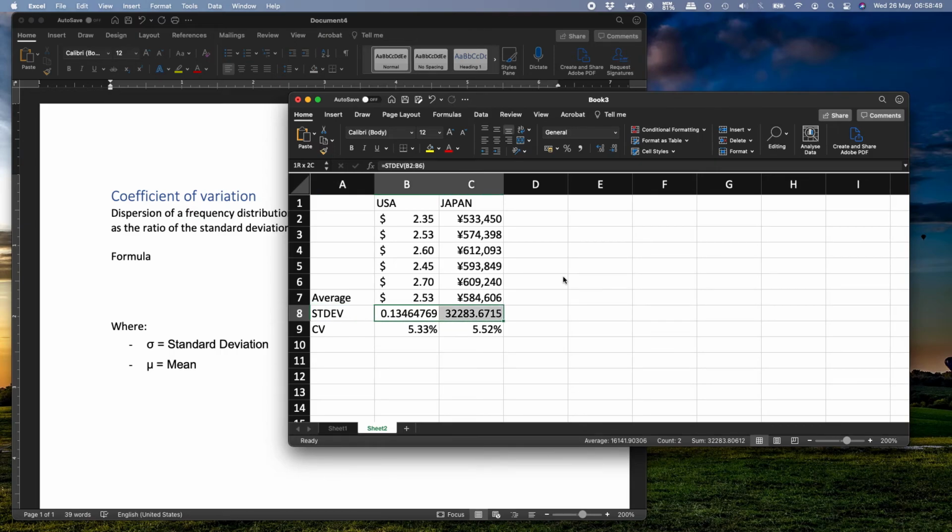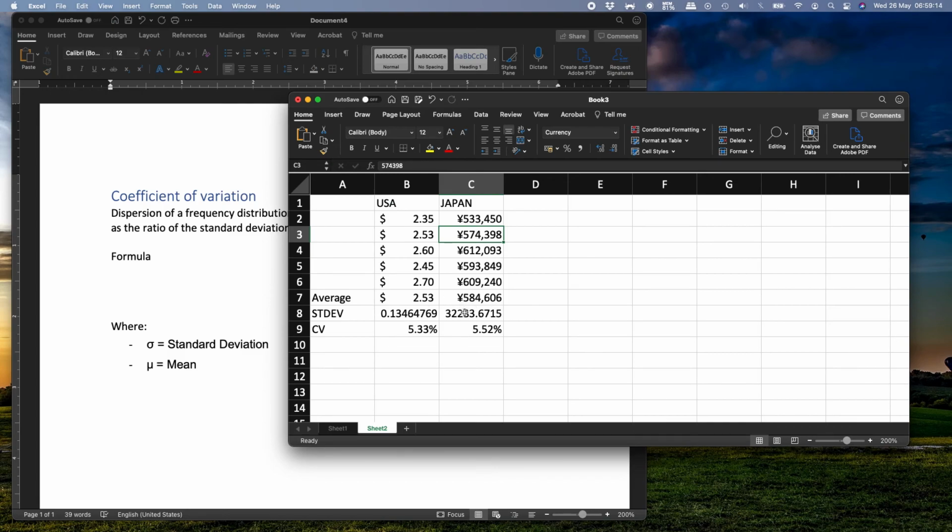This is the deviation in comparison to its value. So it's 0.13 because the US is basically single digits, 2.35. And in the case of this, it's 5 digits, 32,000 in comparison to the few hundreds of thousands of yen that you have to pay for 1 gallon of gas, right?